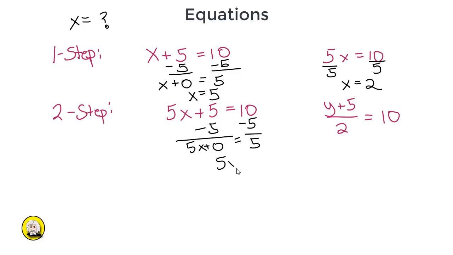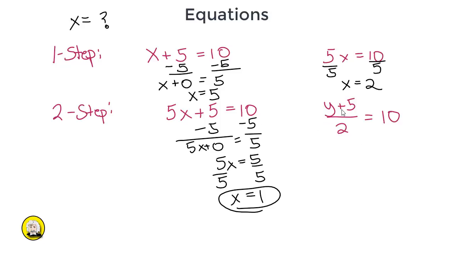So I have 5x equals 5, and now I'm going to divide by that coefficient, 5, on both sides of the equation, and the result will be 1x, I don't need to write that 1 again, equals 1, and I've solved that equation. And it took two steps, one subtraction, one division.